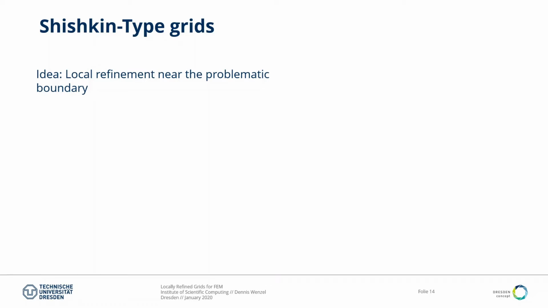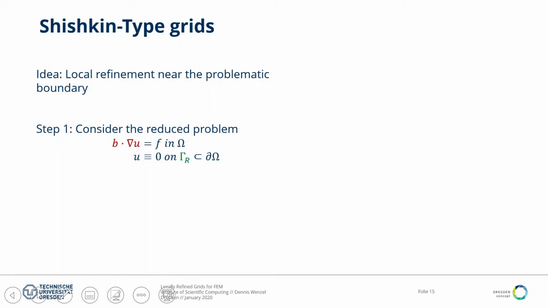It was named after a mathematician who originally created a more specific type of local refinement for singularly perturbed problems, but capturing the general idea of a fine grid near the singular boundary and a coarse grid in the rest of the domain, that's always called something like Shishkin-type.